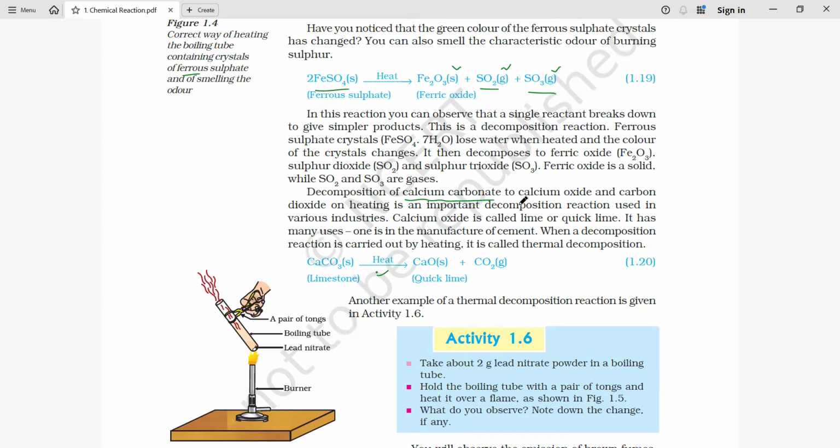So now this calcium carbonate is going to be available as calcium oxide, that is quicklime, as well as carbon dioxide. So here quicklime is in the state क्या है इसका, solid, और carbon dioxide क्या है, gaseous state. Okay. So here decomposition takes place. किसका decomposition हुआ, calcium carbonate, that is also called limestone.